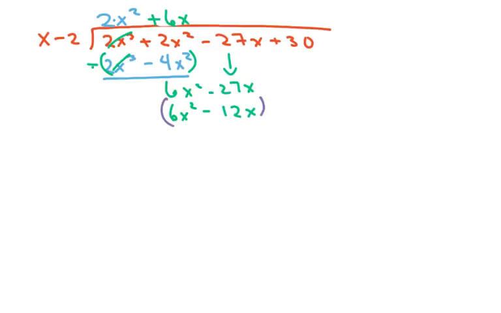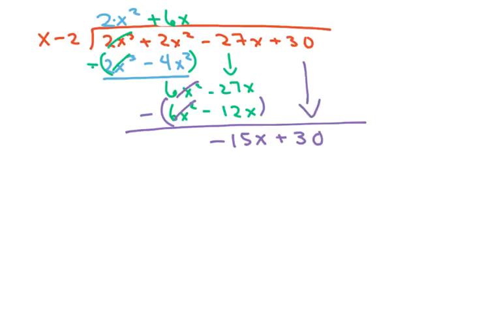Now we want to subtract. Our goal is to get rid of that. We did. Negative 27 minus a negative. So when you hear yourself say minus a negative, that's plus. So that's going to be negative 15x. You have to bring down your 30. And then the next is going to be minus 15.